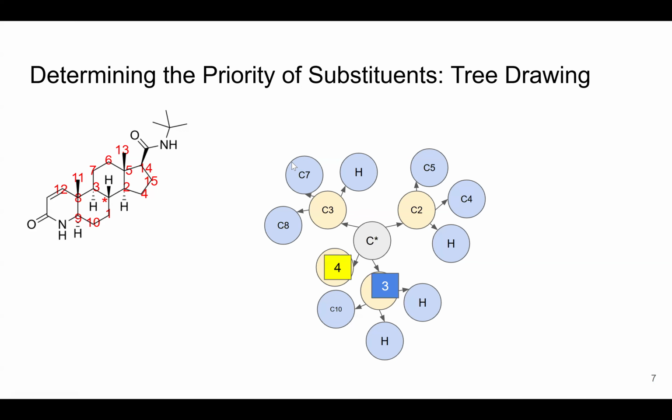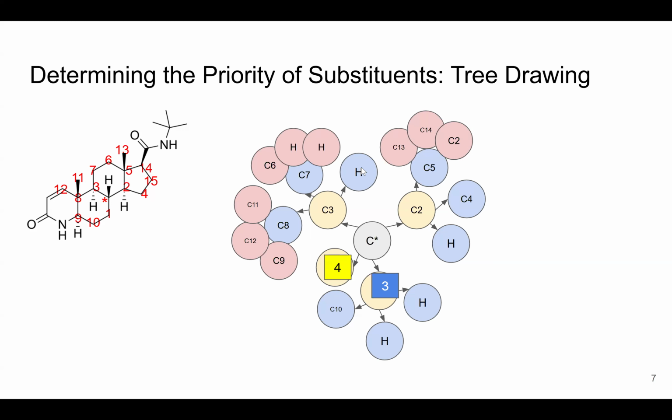Then, because these groups look identical right now, let's just draw the tree further. Carbon 8 is connected to 3 other carbons. Carbon 7 is connected to 1 carbon and 2 hydrogens. The hydrogen is not connected anywhere else, so let's just delete it.